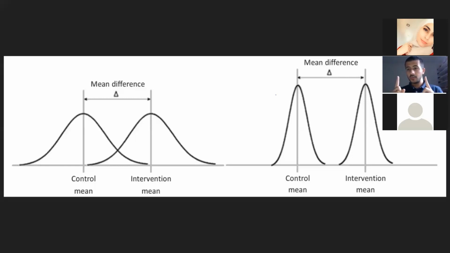For those, we either have a quite big mean difference, or we have very little variance. But what is the mean difference? Mean difference means that if I take the mean of the intervention group and the mean of the control group and put a minus sign between them, the resulting number will be really high.